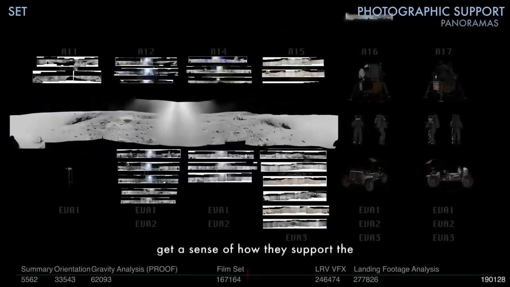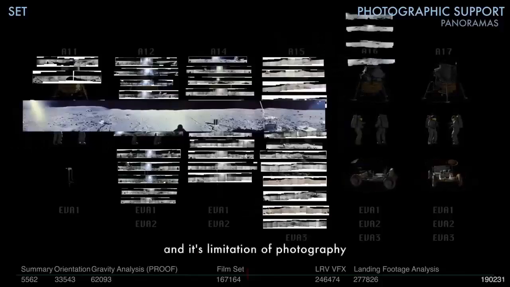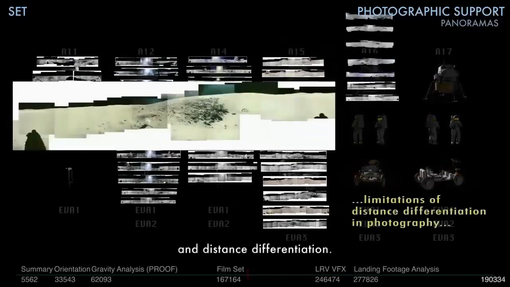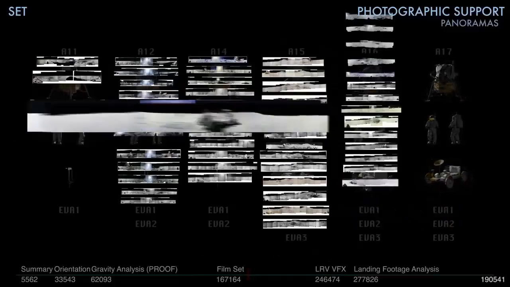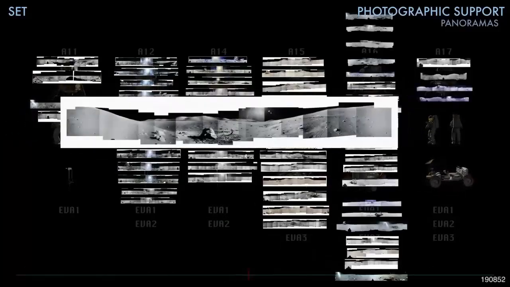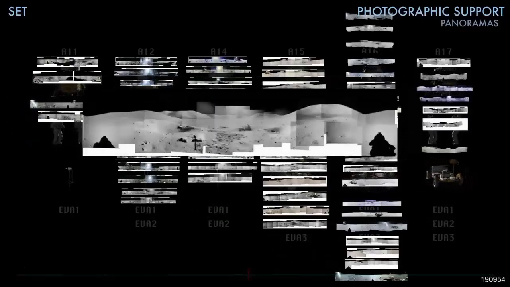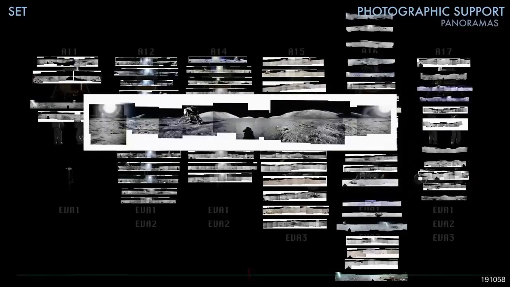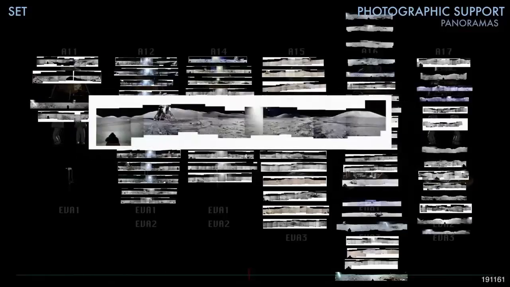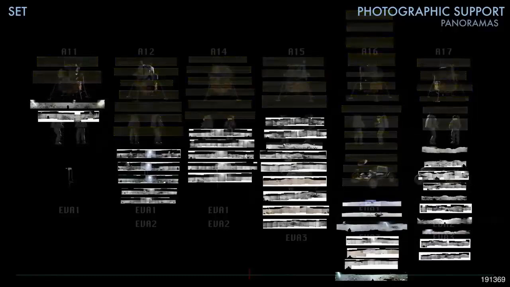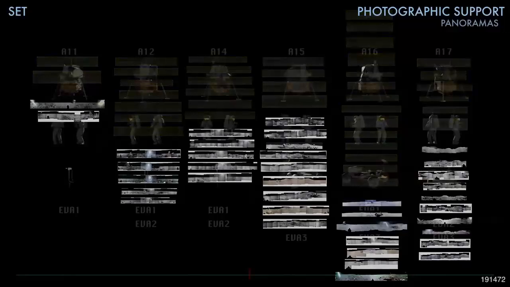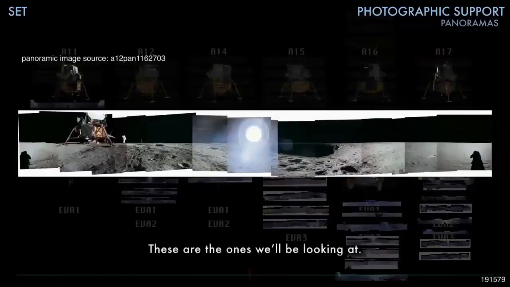We only have to look at some to get a sense of how they support the locations actually being sets, and the limitations of photography and distance differentiation. These are the photographs that we'll be looking at.